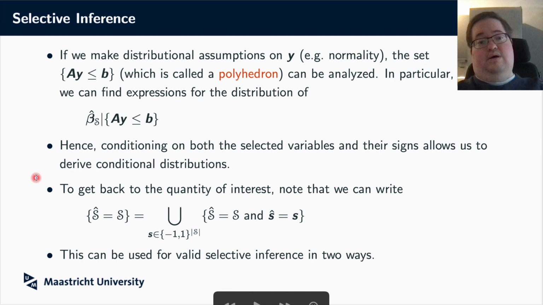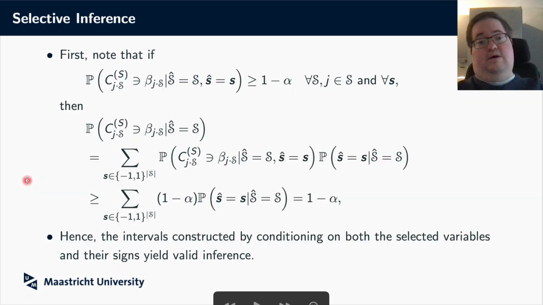In particular, because we can also go back to what we wanted to condition on, which was not the signs, but just the variables being selected, by simply taking the union of this double event over all possible sign vectors. So we can go back from this to the event that we were interested in, and in fact we can do that in two ways. One thing is we directly use what we have, so we condition on both the set of variables and on their signs.